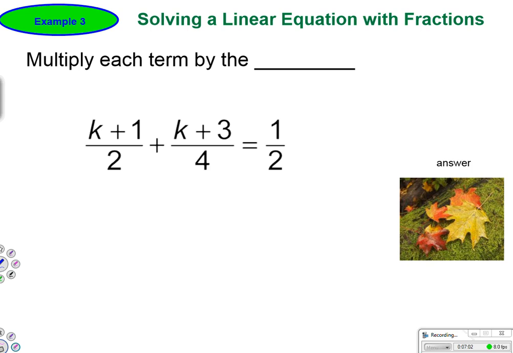For this one, I might try to get rid of these awful denominators. So I think I'm going to do that. In order to do that, I can multiply by the number that they all go into. So I'm multiplying by the least common multiple.